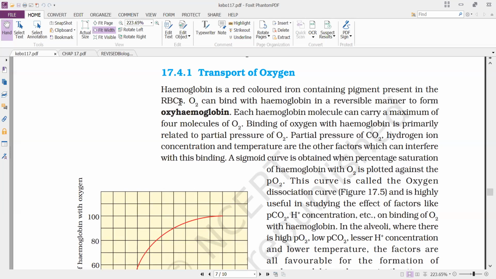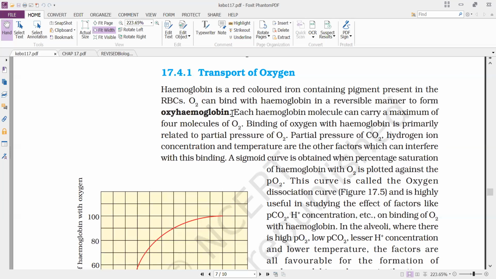Oxygen can bind with hemoglobin in a reversible manner to form oxyhemoglobin. Depending upon the partial pressure of the gases, hemoglobin has the ability to bind with either oxygen or carbon dioxide.